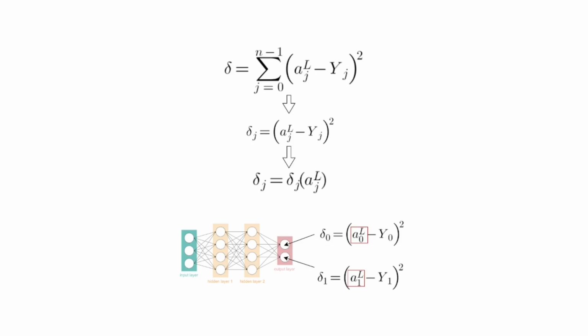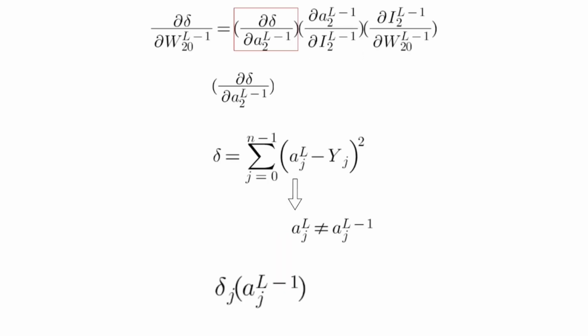The reason we say this is because the activation output of that node in layer L has a direct influence on our loss. In this example, however, for the first term in our computation, we are taking the derivative of the loss with respect to the activation output of a node in layer L-1. This node does not directly influence our loss, and we won't find a sub j in layer L-1 in the equation for our loss function.